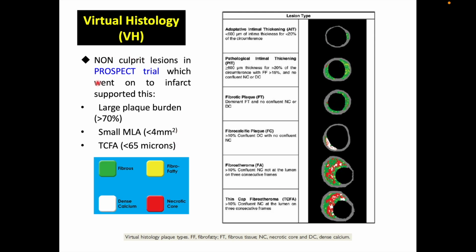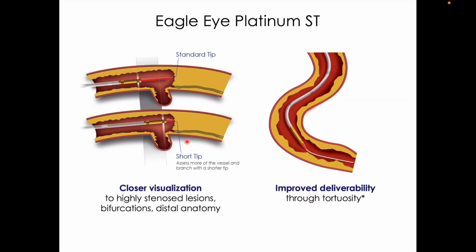And we know from the PROSPECT trial that the non-culprit lesions which went on to infarct were the ones which had large plaque burden more than 70%, small MLA less than 4 mm square, and thin cap fibroatheroma less than 65 microns.